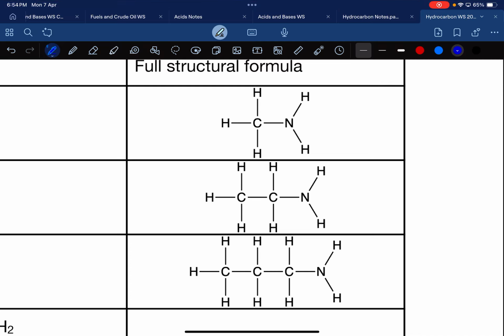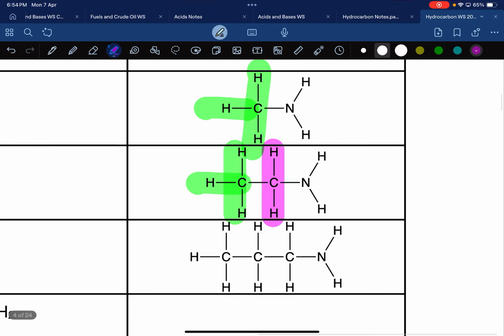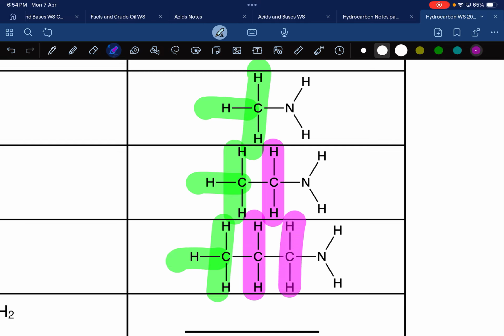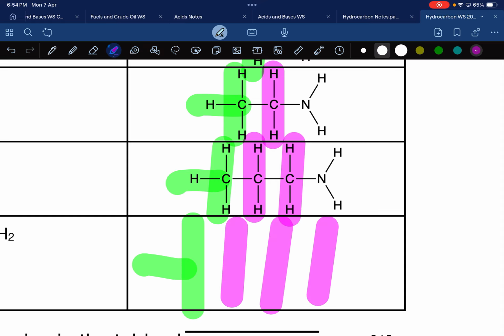We mentioned that within the same homologous series, all your compounds will change with a CH2. See this guy? Then you have like that, then you have like that. Which means your next one will look like this, isn't it? Like that.